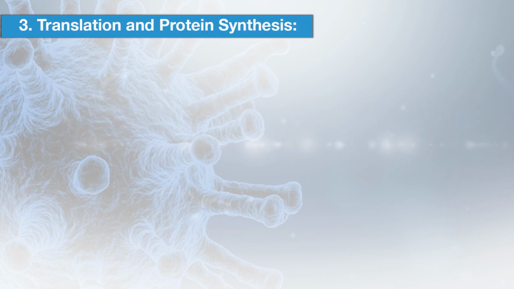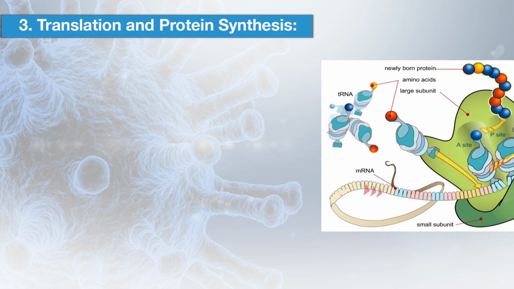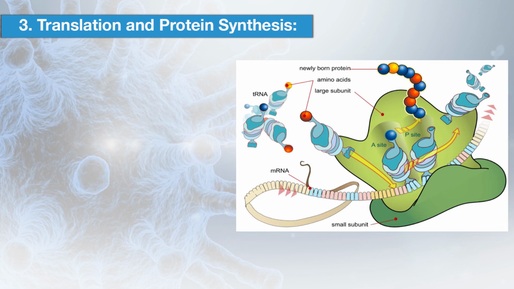Translation and protein synthesis. Here you had studied how translation is responsible for protein synthesis. Translation is the process by which mRNA is decoded and translated into amino acids, forming a polypeptide chain, that means a protein chain.